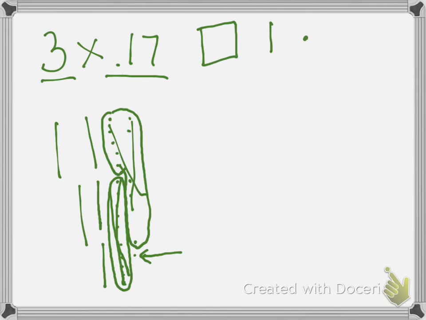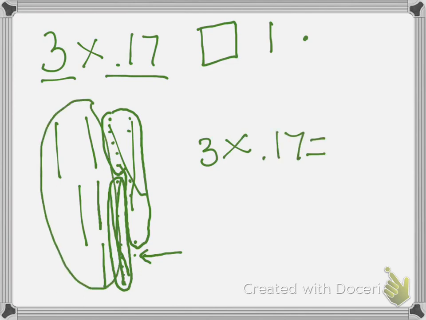All right, so now we're done bundling because we don't have 10 tenths. So we have 5 tenths. So now we're going to write our answer, our product. So 3 times 17 hundredths equals 5 tenths and 1/100th. So 51 hundredths.